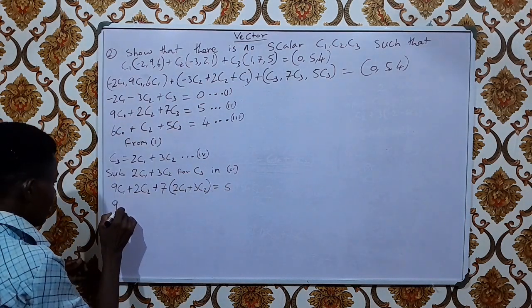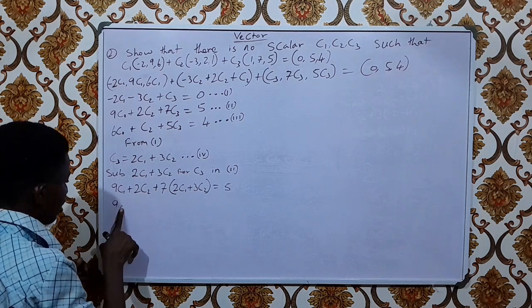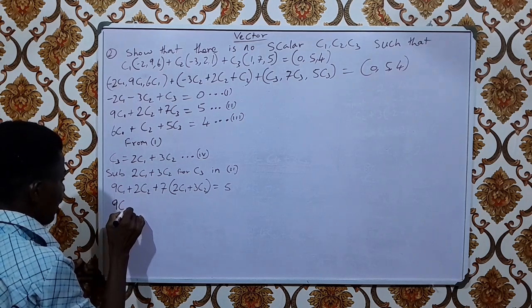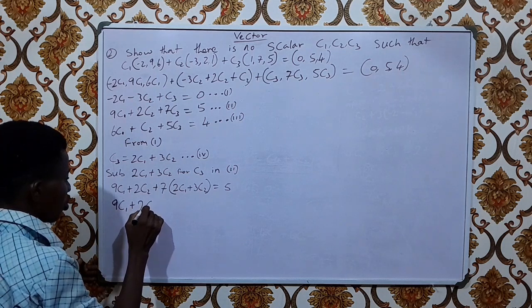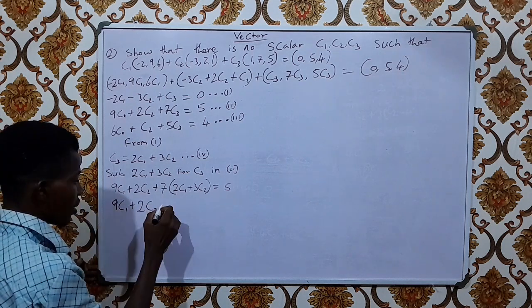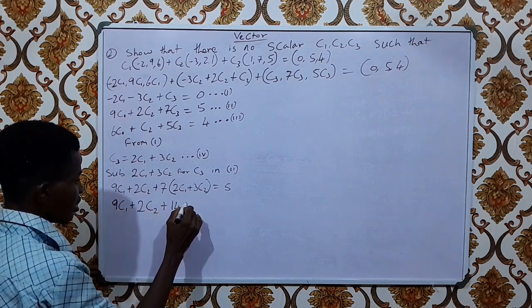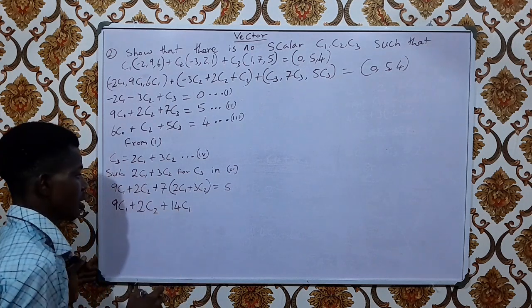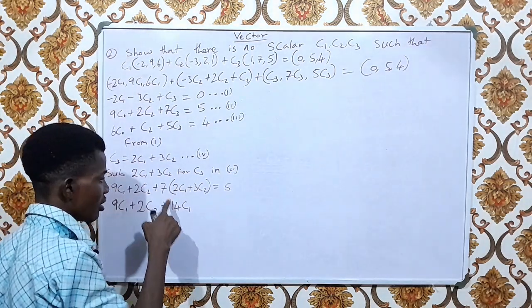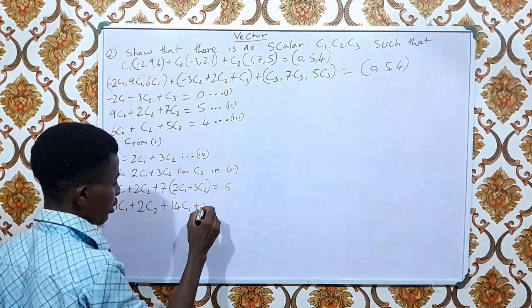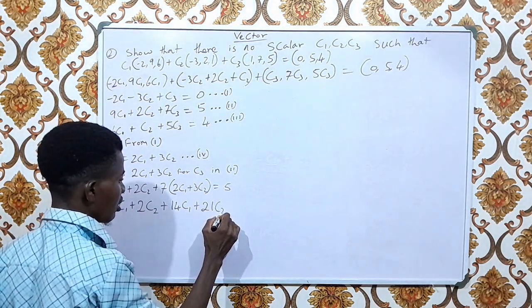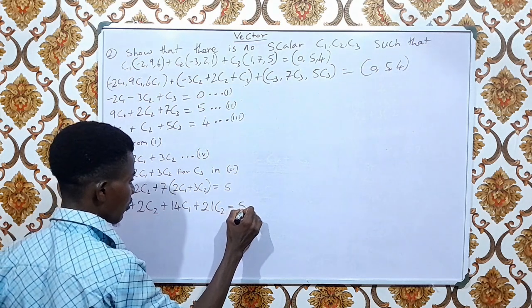We now have 9C1 plus 2C2 plus 14C1, that is 7 times 2, 14. 7 times 3, we now have 21C2 equals 5.